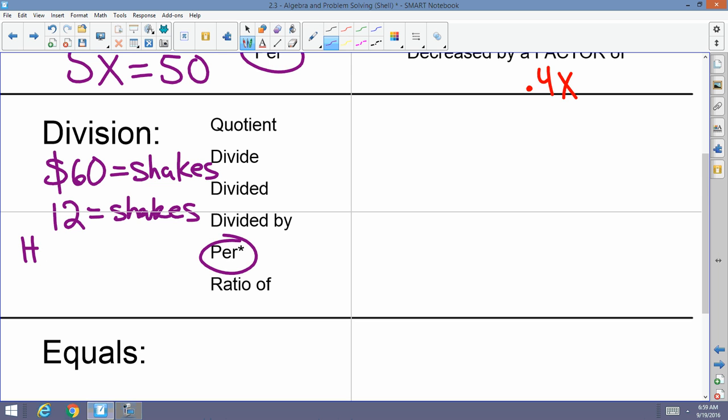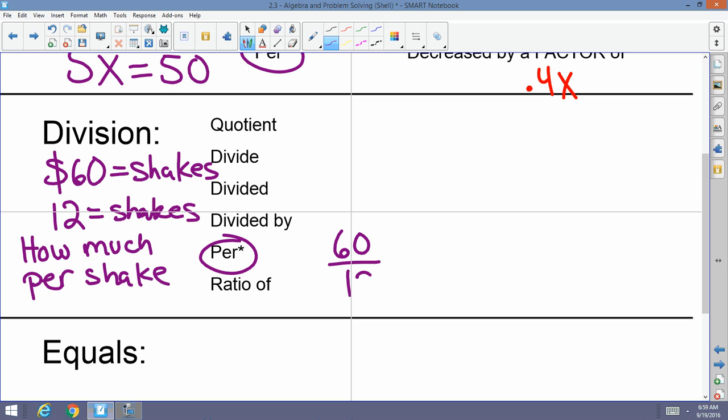So how much per shake? In this case, we're talking about division, all right? In this particular case, we have 60 divided by 12 equals x, which is my price for each shake. x equals the price per shake.